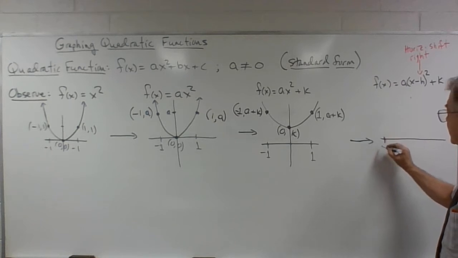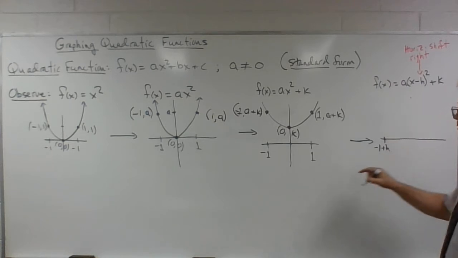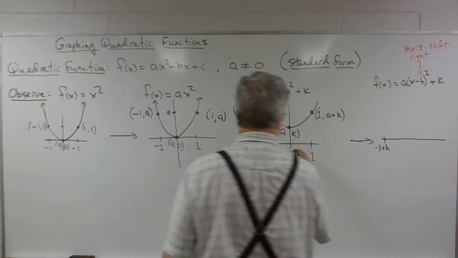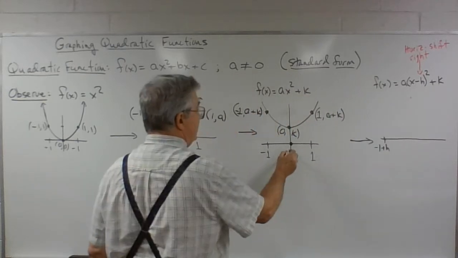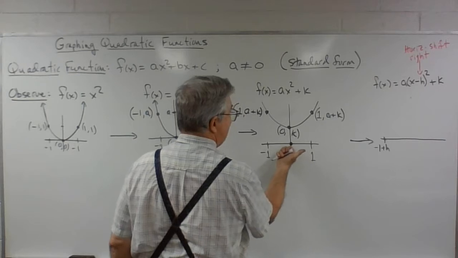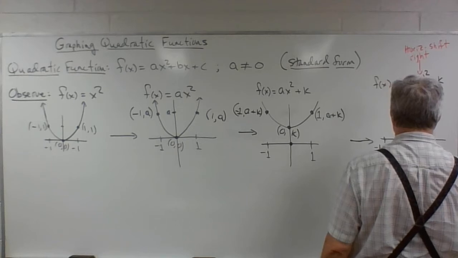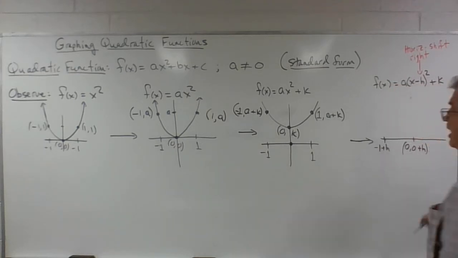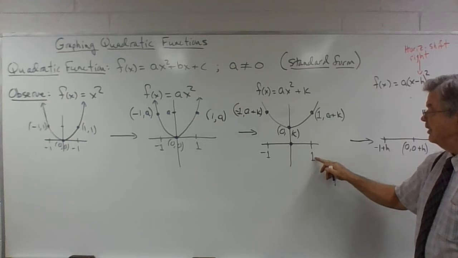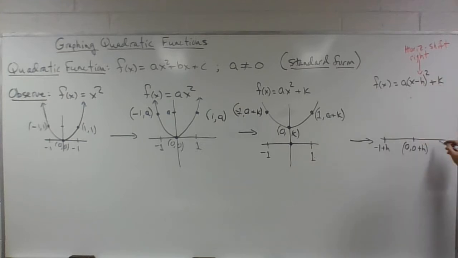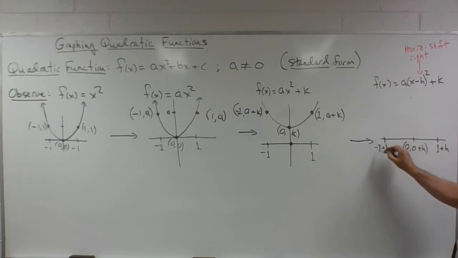So this point will be negative 1 plus h. And here's the origin. We're moving the x coordinate h units to the right, so this will be 0 plus h. And we're taking this x coordinate and moving it h units to the right, so this will be 1 plus h. I hate it when I get my coordinates mixed up.